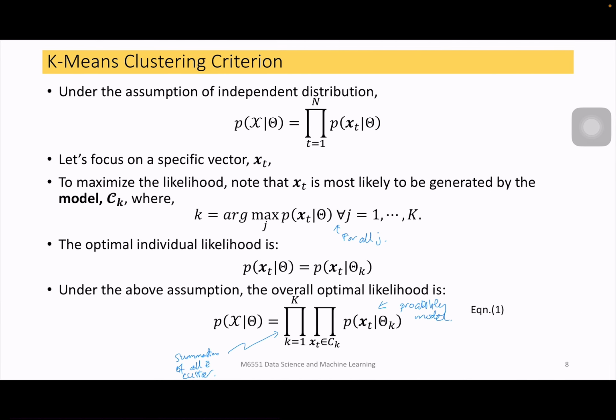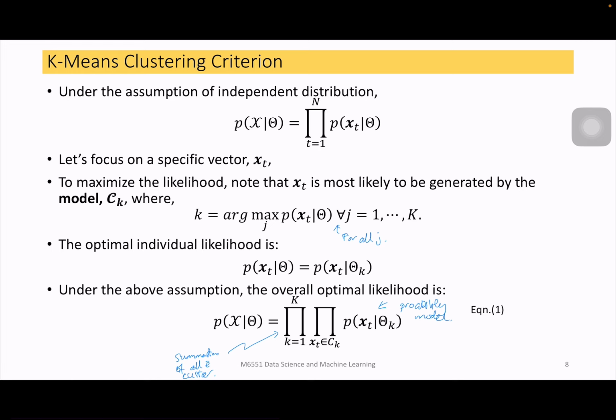K-means clustering criteria is under the assumption of independent distribution, where the probability of X given the condition of theta is the full sum over t equals 1 to n of log p(xt | theta). Now it focuses on the specific vector xt to maximize the likelihood.